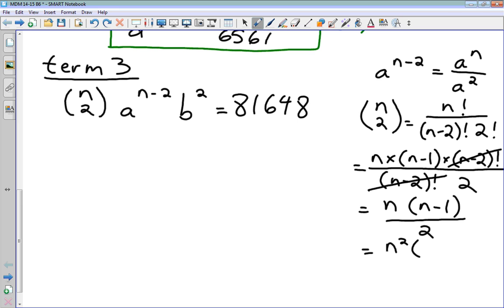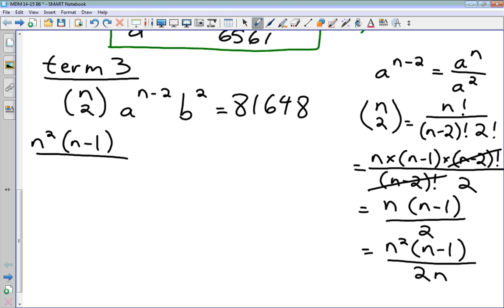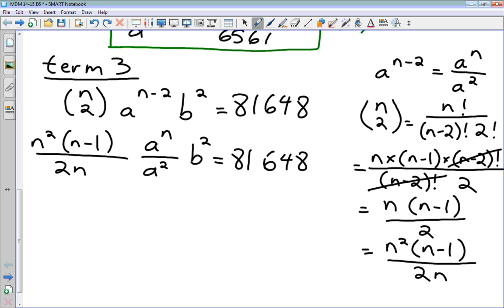I'm going to multiply by n on the top and multiply by n down on the bottom. So let's make this substitution now. N choose 2 is going to be n squared times n minus 1 all over 2n. A to the n minus 2 is going to be a to the n all over a squared. We're just going to have b squared, and this is still all equal to 81,648.